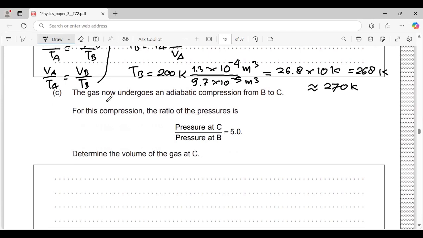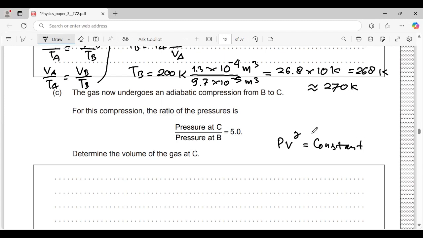The gas now undergoes an adiabatic compression from B to C. For this compression, the ratio of the pressure, pressure at C over pressure at B, equal 5. Determine the volume of the gas at C. For an ideal monatomic gas, the relationship between pressure and volume is PV power gamma equal constant.